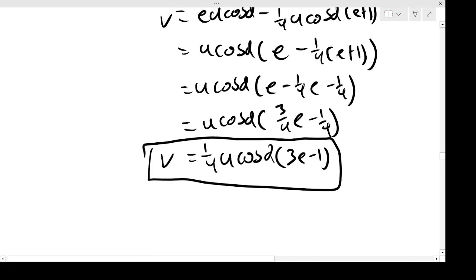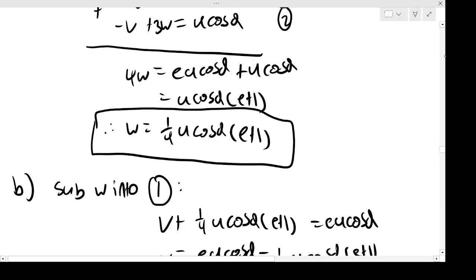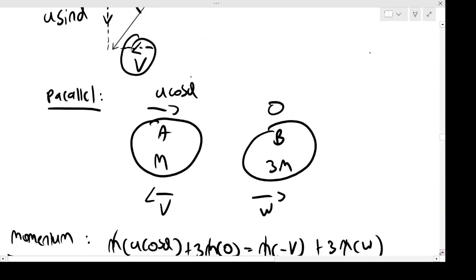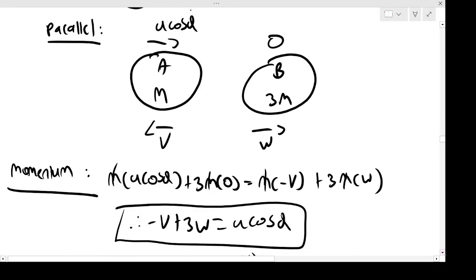This is where I think back to kind of what we did in AS with 1D collisions. What we've essentially done so far is just a 1D collision problem, right? That's what we've been doing this whole time. We've just been converting this into like a 1D situation. So one of the techniques we looked at with 1D collisions is we can get inequalities by considering the direction it's going in, right?